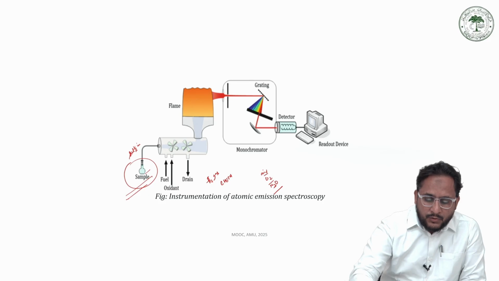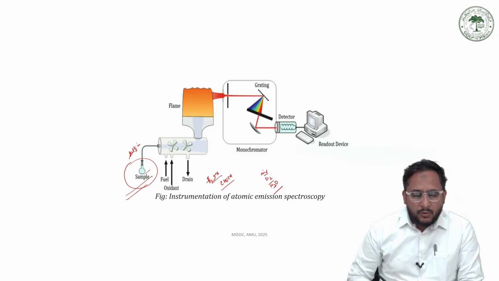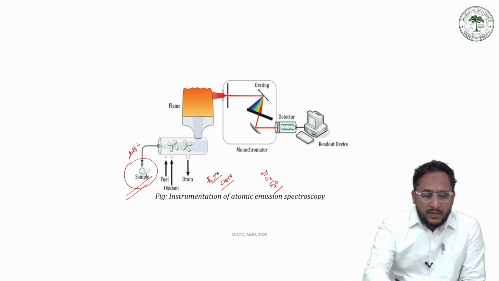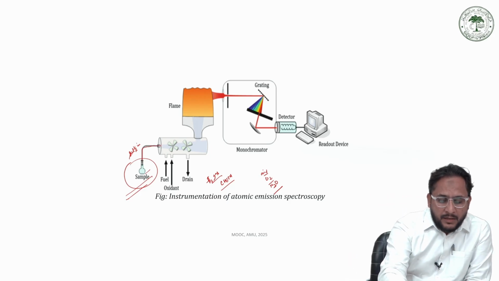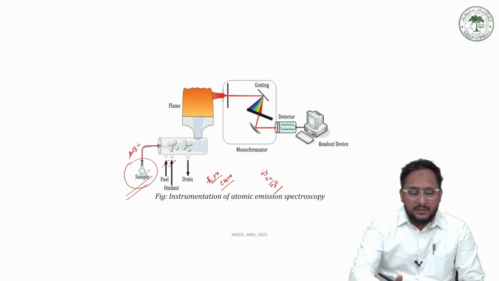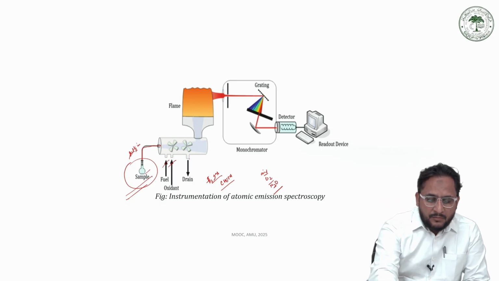This nebulizer sucks in the sample at a controlled flow rate and then mixes it with fuel as well as oxidant. The excessive sample is drained out from this pipe.